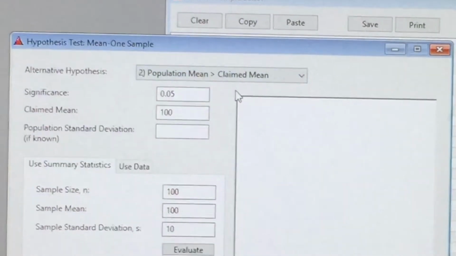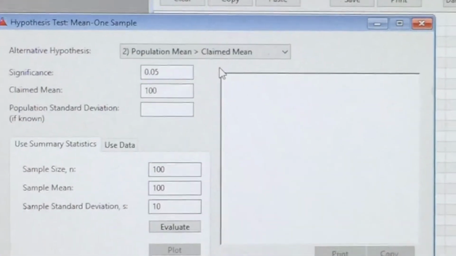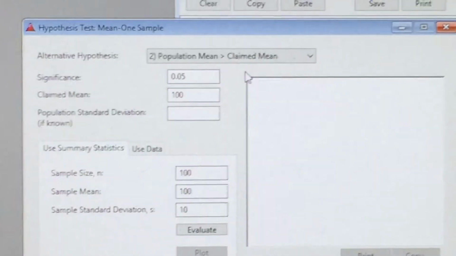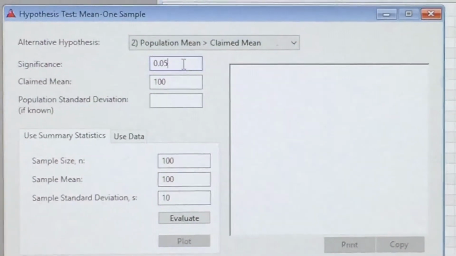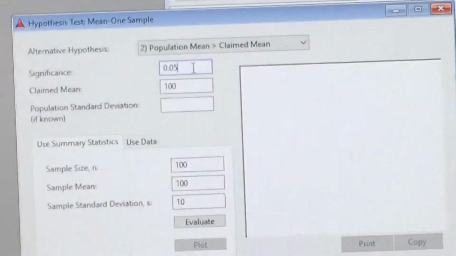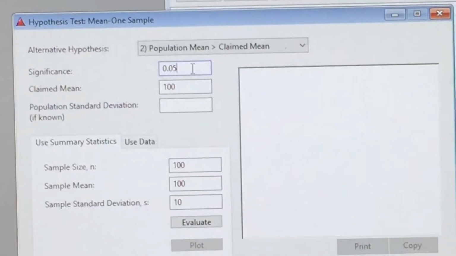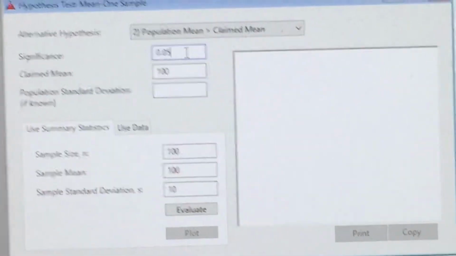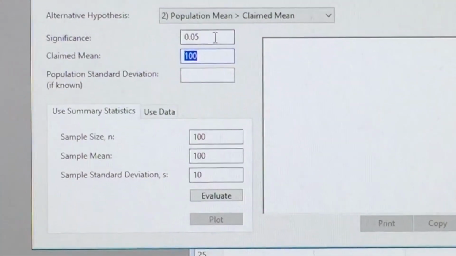Okay? So on whatever your actual StatDisk assignment is, you have to select the appropriate alternative hypothesis here. Now your significance level was given as 0.05. It's already given to us as the default level of significance, so we can leave that as 0.05, but whatever your significance level is, if it's 0.01 or 0.10, you need to change that, because they do give you the default of 0.05. Now go down to claim mean.